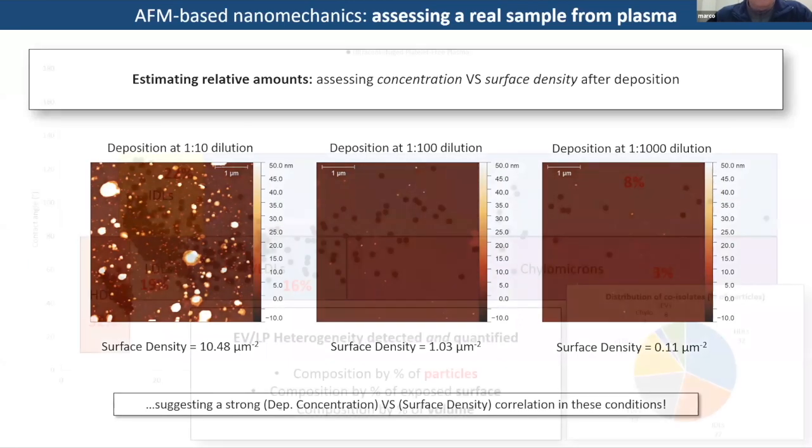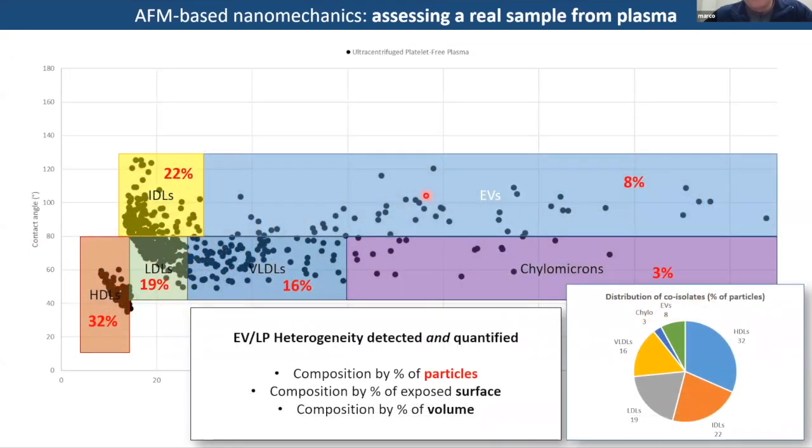So it seems reasonable to assume that the same happens also in mixed samples. And so you can simply count the dots and say, with the usual caveat that HDLs could be a lot underestimated, the relative abundances in terms of number density of all the species in the sample.